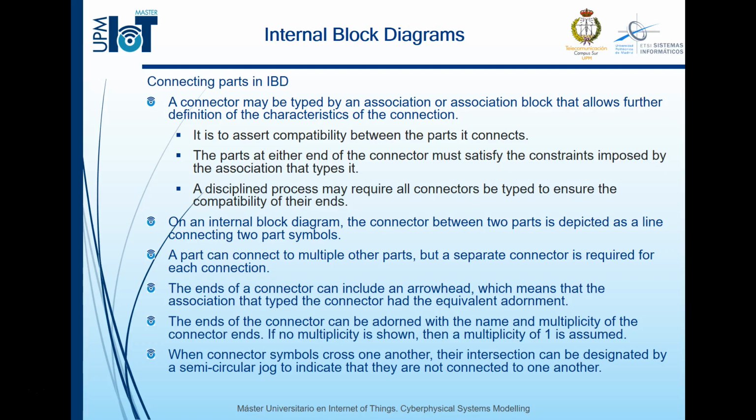So a connector may be typed by an association defined previously. And why do it? To check the compatibility between the parts it connects. And of course, the parts at the end of the connector must satisfy the constraints imposed by the association.